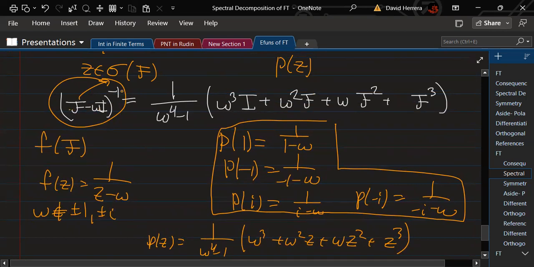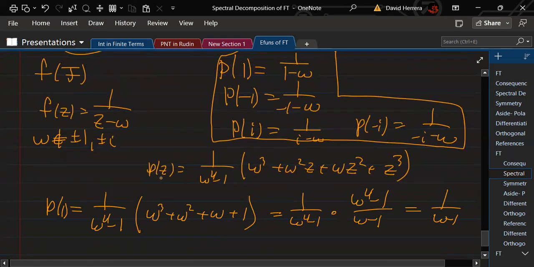Z minus omega inverse, that's this function here. Looking at 1, so 1 for this. Negative omega to the 4 minus 1. There's some kind of negative sign off.